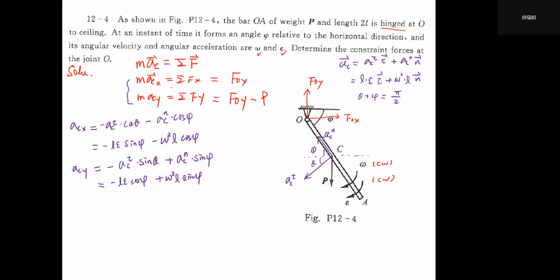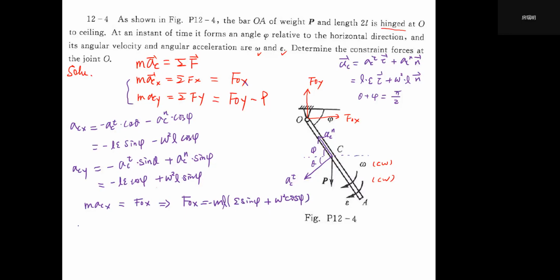Then we can use these two equations to find FOX and FOY respectively. Here we have MACX equal to FOX. So we can find FOX equals M times, with the minus sign replaced, and L can be taken out of the brace, ML times the quantity epsilon sine phi plus omega squared cosine phi.